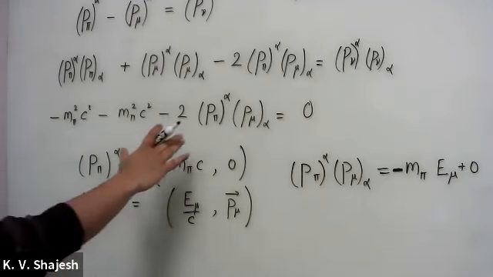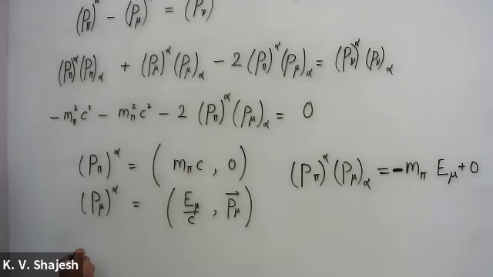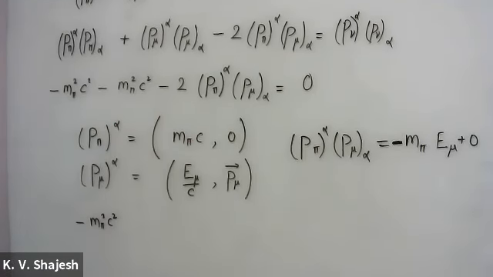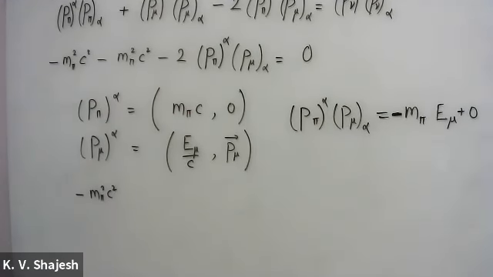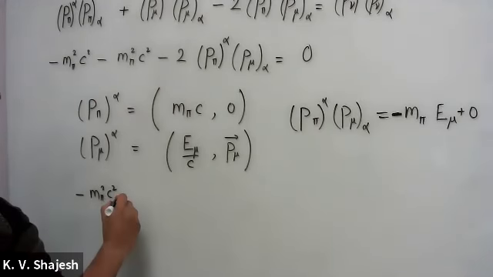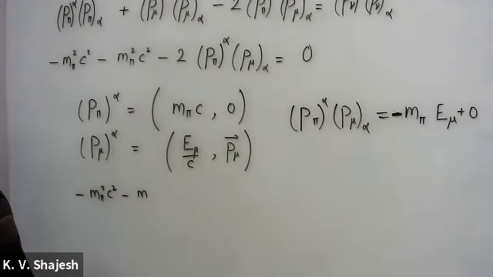So I substitute this in there, and I get m pi squared c squared minus, oh, what was this?